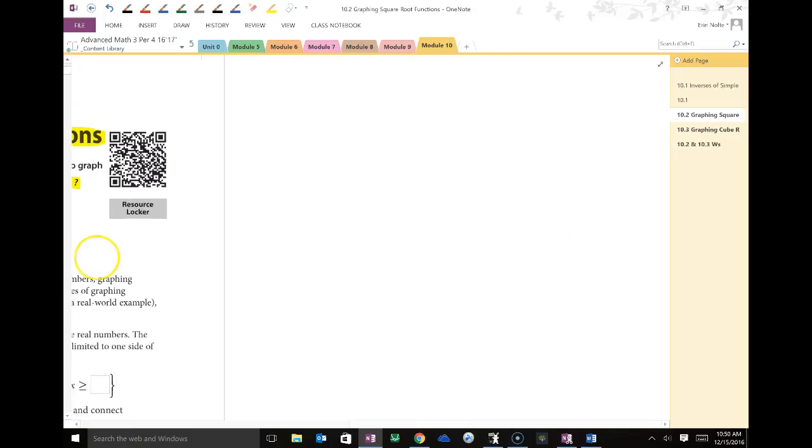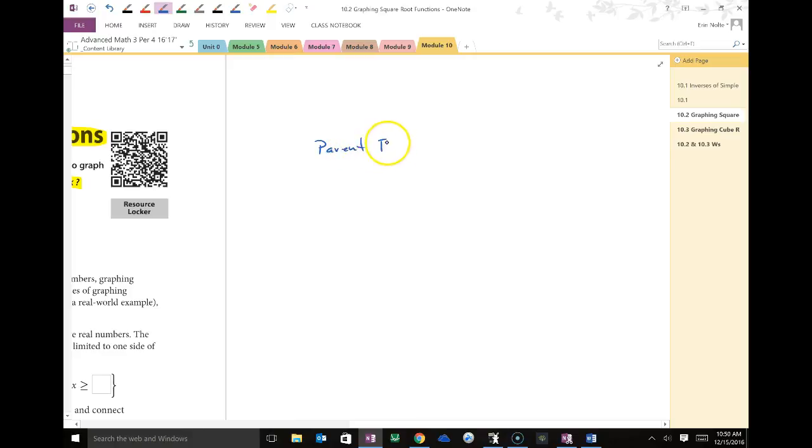Let's talk about the parent function of just the square root of x. So who can tell me what the square root of x looks like?